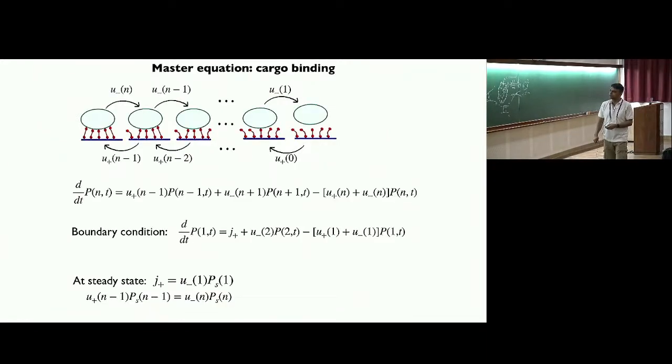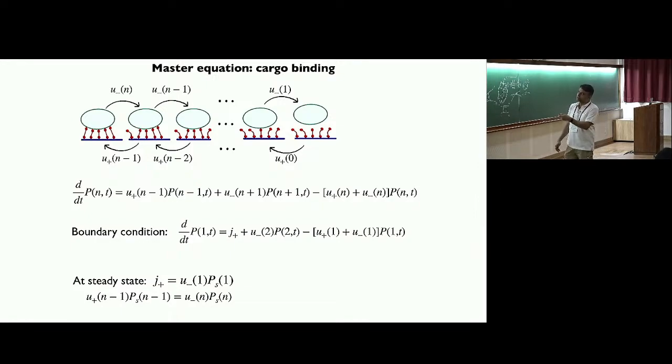Okay, I'll just show the full thing. One simple way to try to understand that is to write down a master equation. You look at a specific cargo and ask how many molecular motors are attached to the cargo at a given instant. One molecular motor can detach or another new molecular motor can attach.